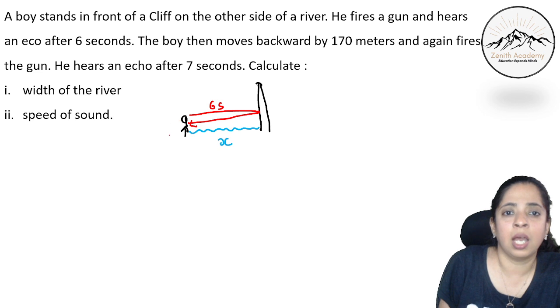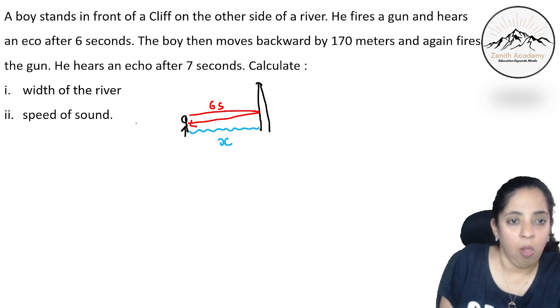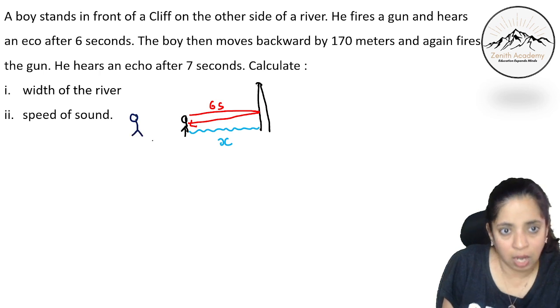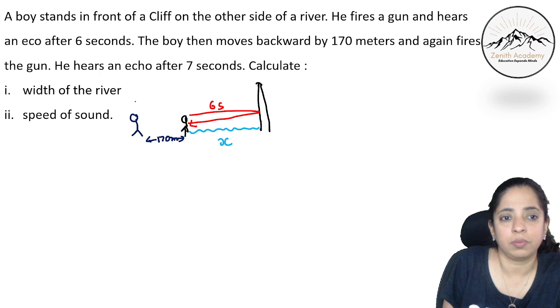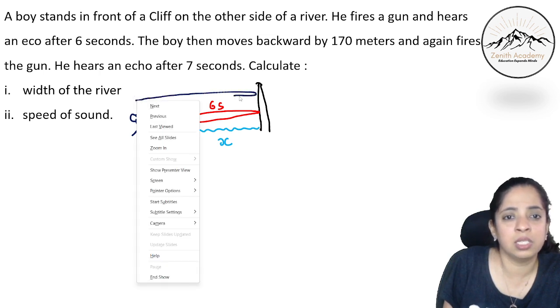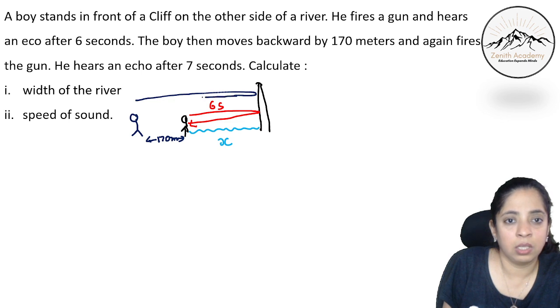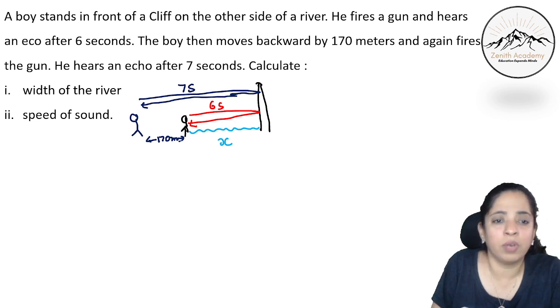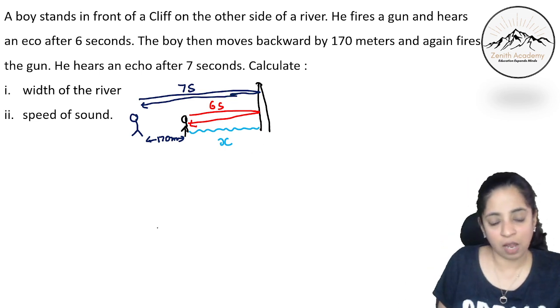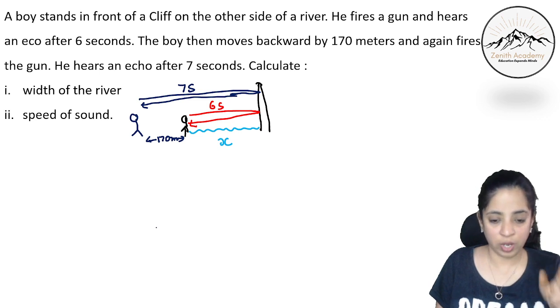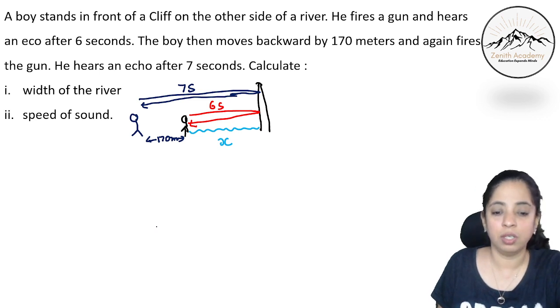Now the boy moves backward by 170 meters. Now he again fires the gun and he hears the echo after 7 seconds. Calculate the width of the river and the speed of the sound. Have you understood the drawing? Have you understood the question?